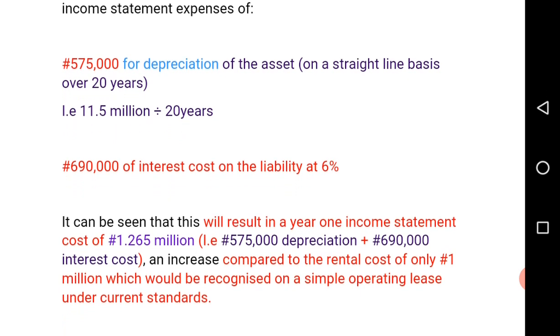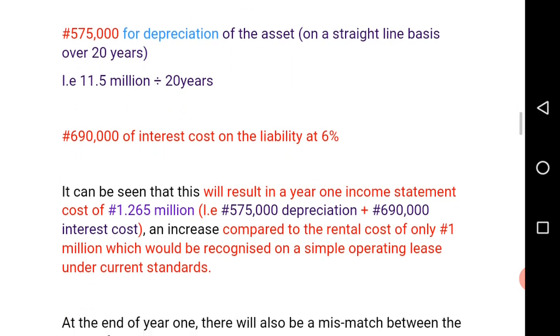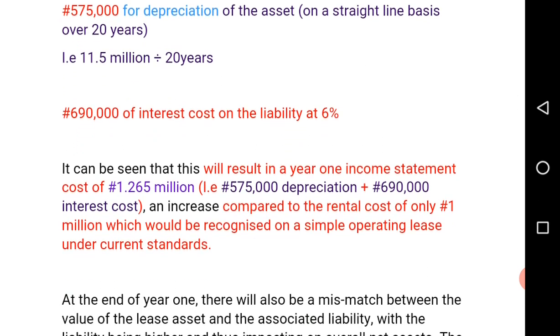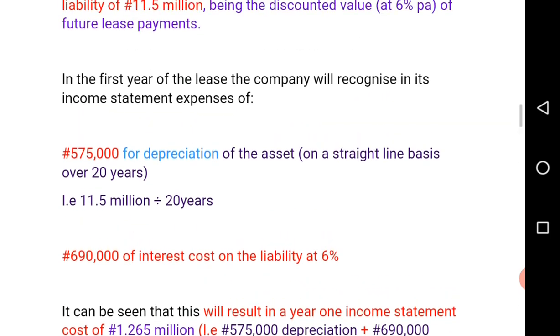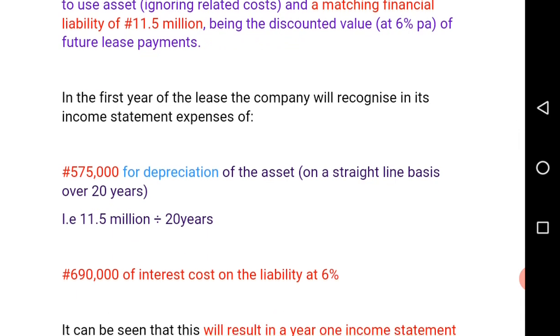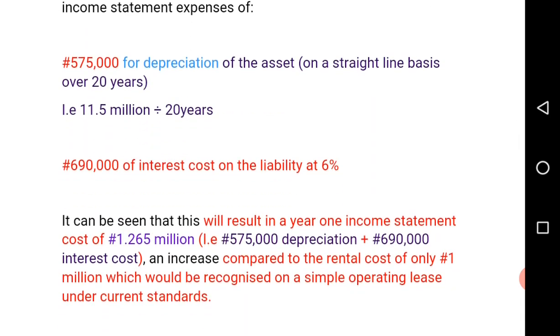Now it says it can be said that this will result in a year one income statement expense of 1.265 million, that's 1,265,000 naira. How did you get this? We got the depreciation of 575,000 naira here. Then we added the interest cost.